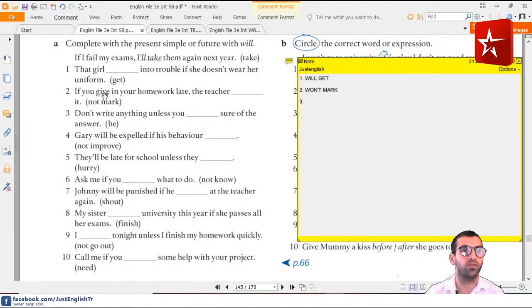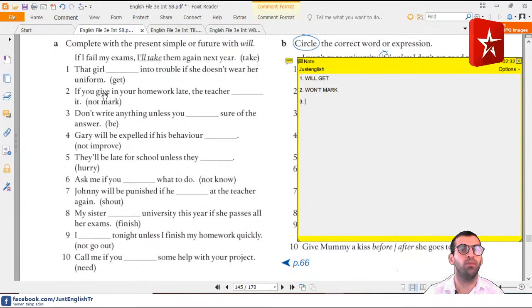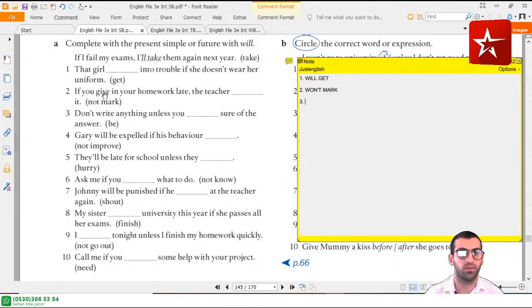Number 3, don't write anything unless you blah blah blah sure of the answer. What should we write here? Azime and Pelin say are.